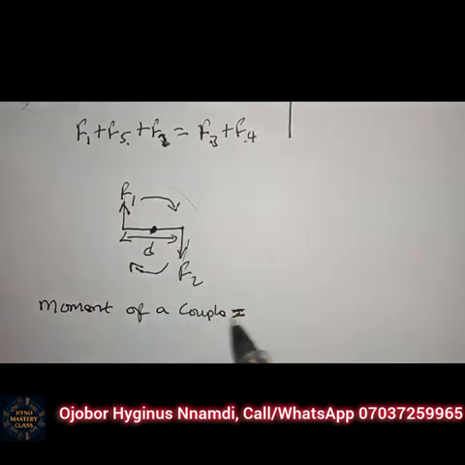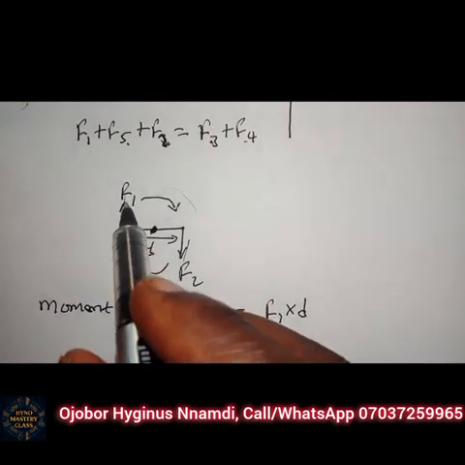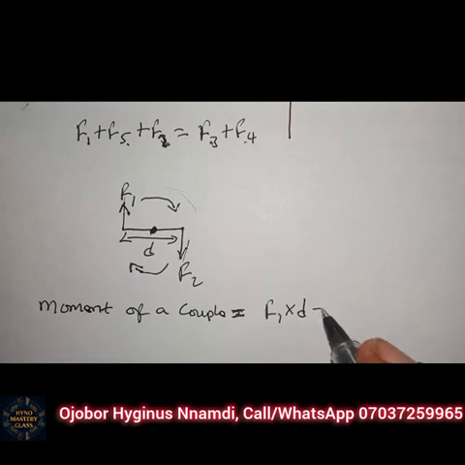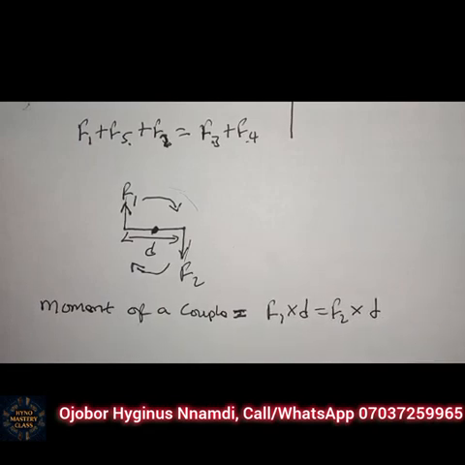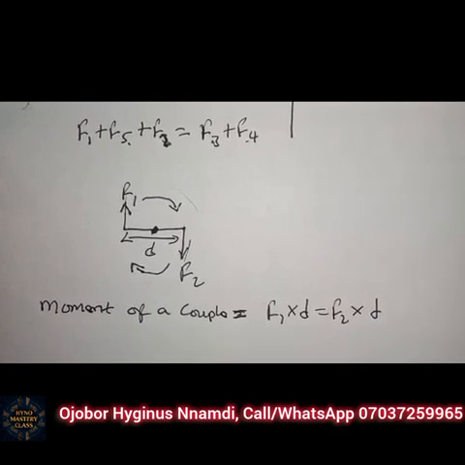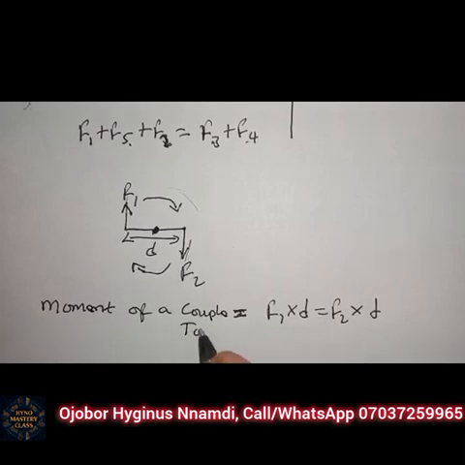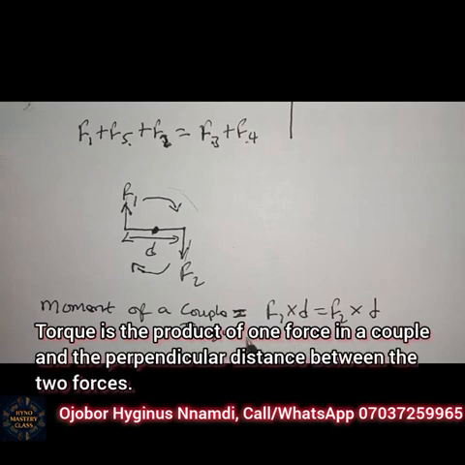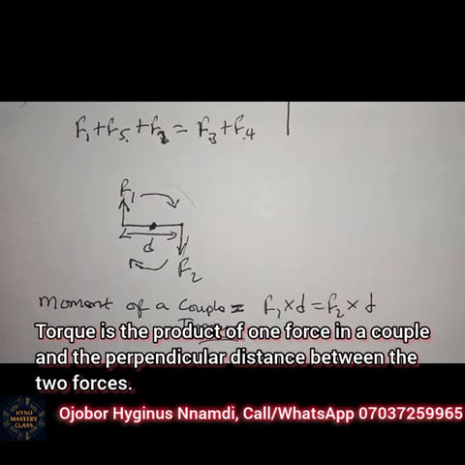The moment of a couple is F1 times d, one of the forces and the distance between the two forces, or F2 times d. That is what we call the moment of a couple. The moment of a couple is what we refer to as torque.